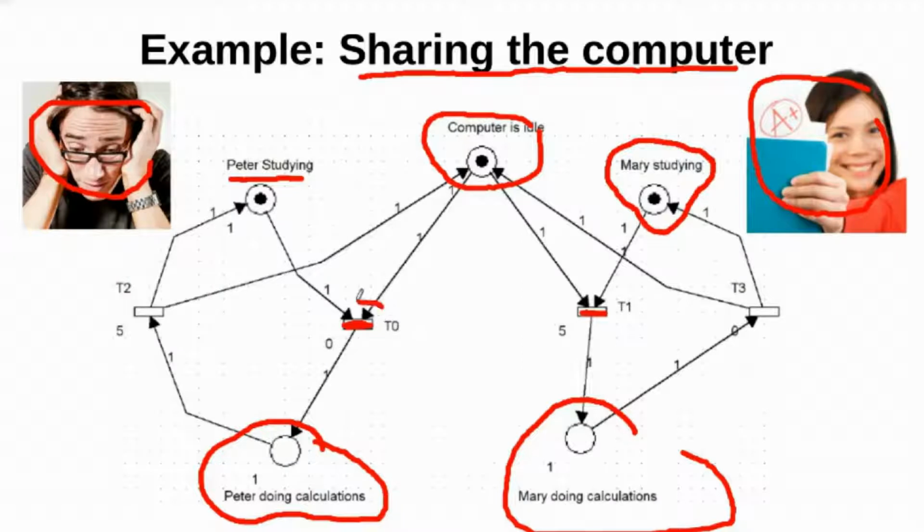One here is a probability density function with a small time, because Peter spends a small time studying, thinking about what to do, while Peter spends a lot of time doing calculations because he's doing the trial and error. So this transition has a probability density function with big numbers in here.